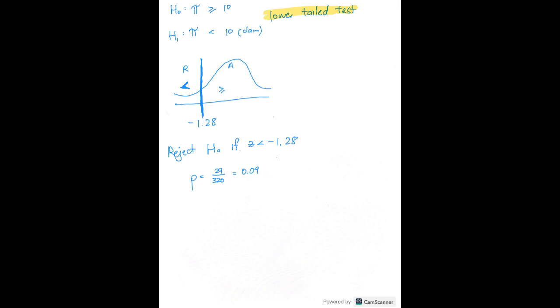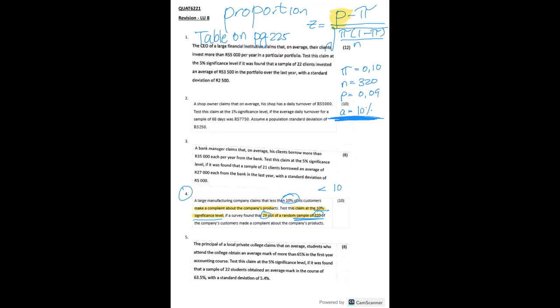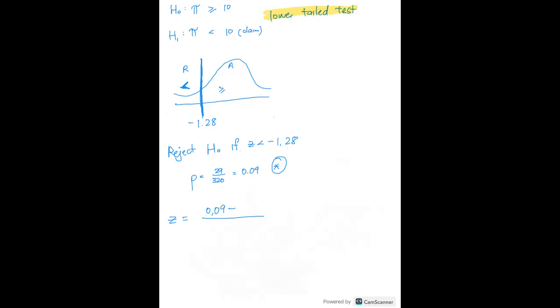You can calculate Z by P minus pi. So P is the 0.09. You need to show the working out of that like I did here. Then pi is the 0.1. N is 320. So it's P minus pi of 0.1 over the root of pi multiplied by 1 minus pi over n, which is 320.